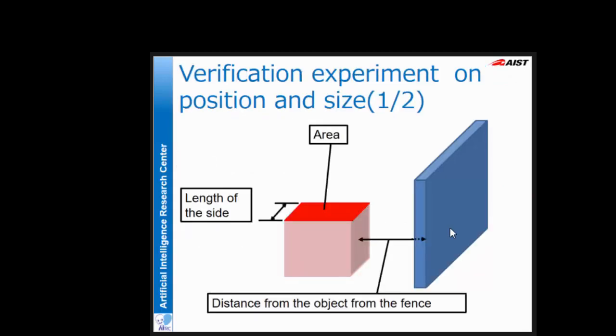Next, we conducted a verification experiment on the position and size of the plane used for estimating the probability that the child surmounts the railing. Here, we examine the length of the side and the area and the distance of the object from the fence.